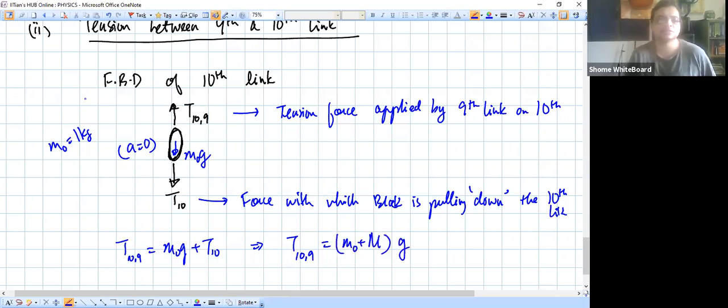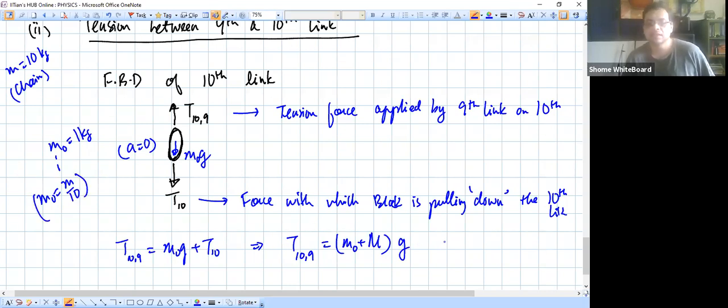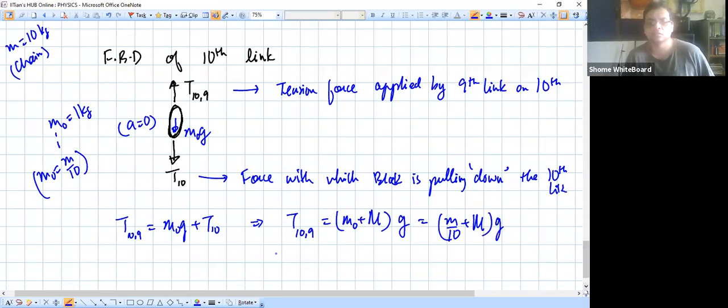And we have taken the mass of the chain to be 10 kg. So m naught is nothing but total mass of the chain divided by number of links. So this is (m by 10 plus capital M) g, or in this case 1 plus 20, so 210 newtons.